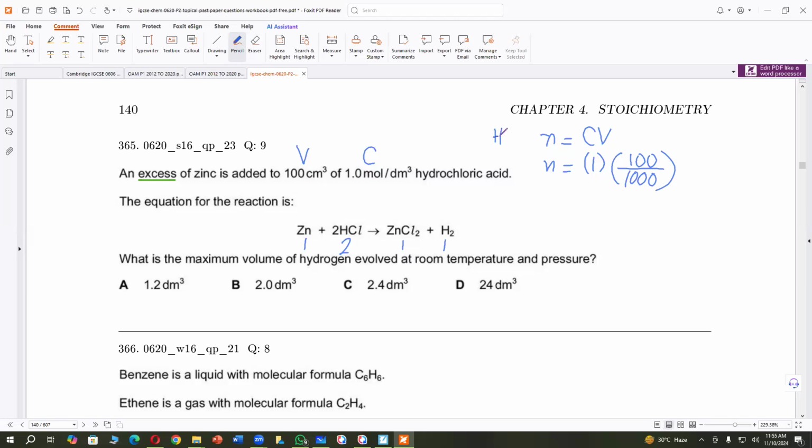But the volume is of zinc. Volume of zinc? No. Zinc is a solid. Solids do not have volume. The excess of zinc is added to 200 cm cube. Sorry. Okay. Now can you do this calculation?